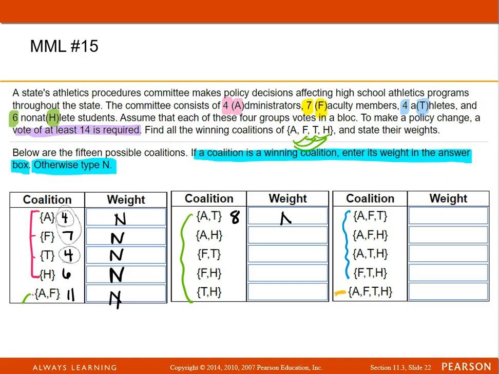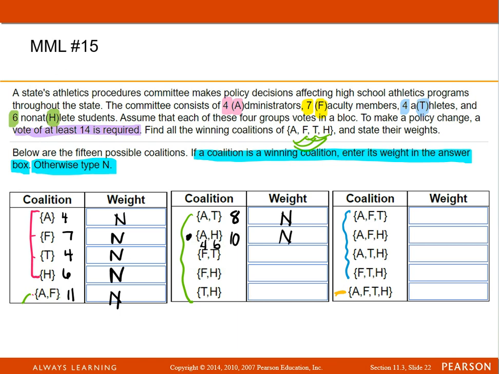That is not a winning coalition. Then A and H: A is 4 and H is 6, and that adds up to 10. That is not a winning coalition.